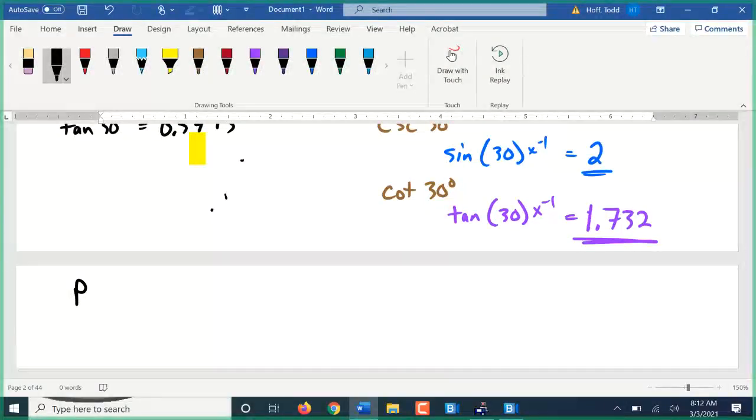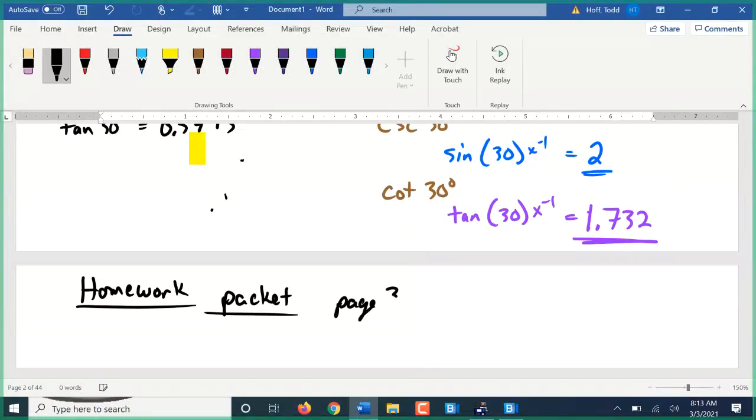I'm going to have to upload a new packet here in the Blackboard. Those of you in the room, I think I've got enough copies. Page 338 through 341. I'm going to do the 1s, 5s, and 9s rather than all the odds.